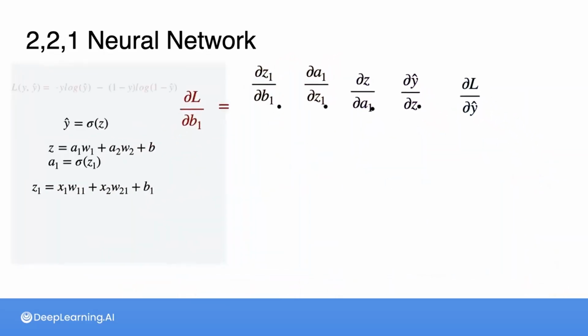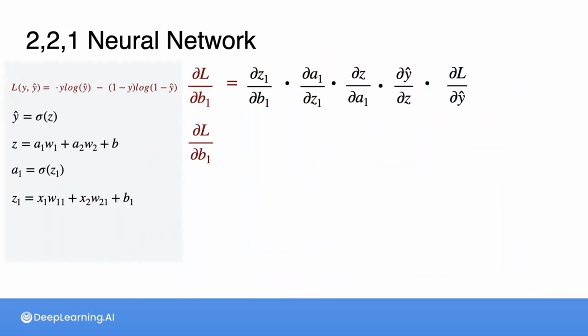So let's calculate each one of these separately and quickly because we've already done it before for most of them. ∂L/∂b1 is the product of ∂z1/∂b1, which now it's easy, it's 1. Why is it 1? Because b1 is the only variable here, so this may as well be b1 plus some constant. And the derivative of that with respect to b1 is simply 1. And the rest, we already know.